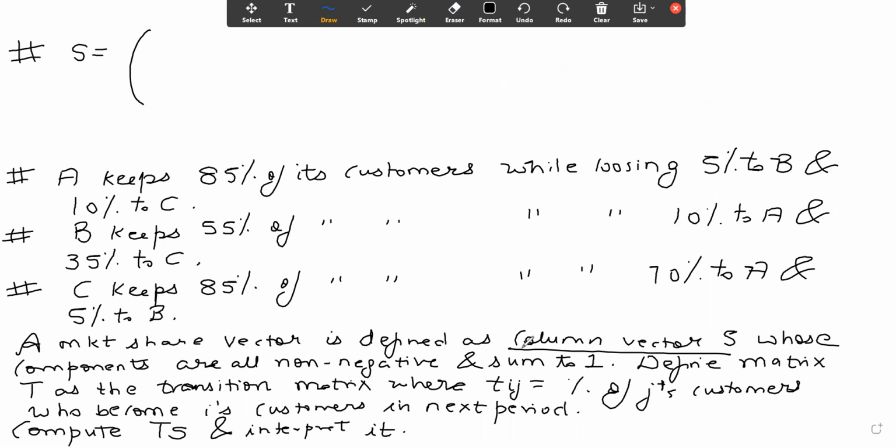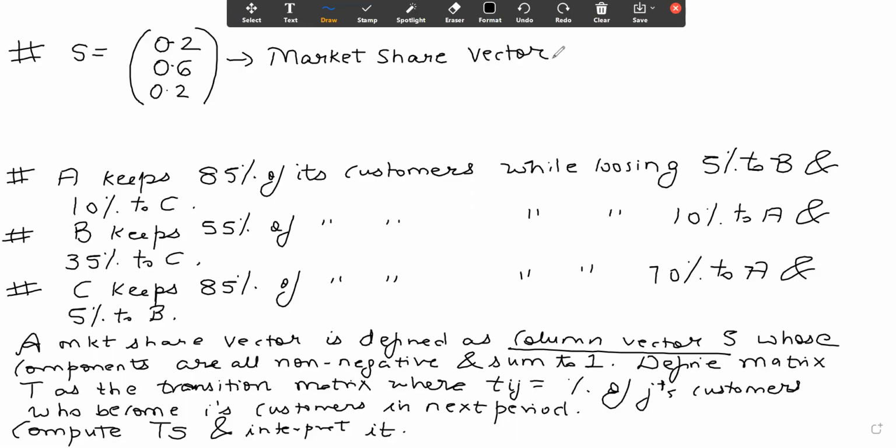A has 20% of the market, so 0.2. B has 60% of the market, so 0.6. Okay, and C has 20% of the market, so 0.2. This is my market share vector.